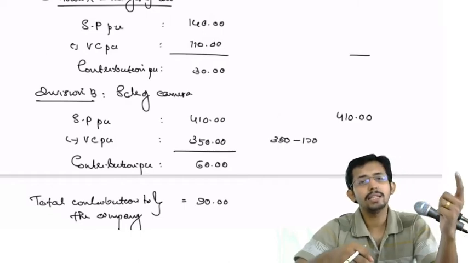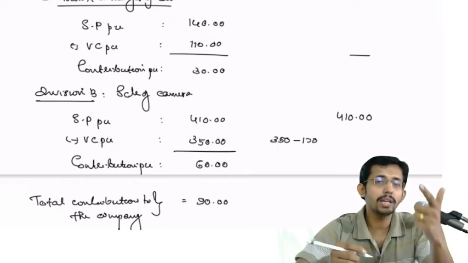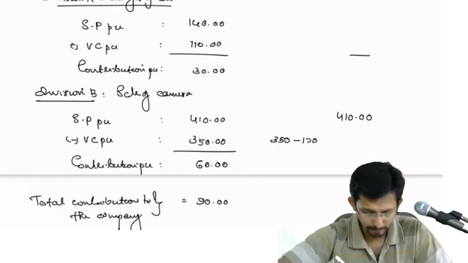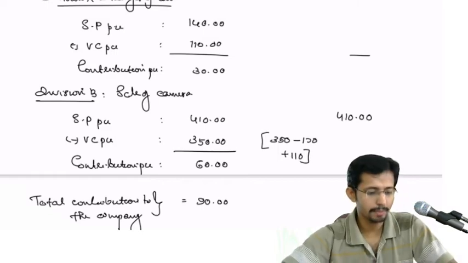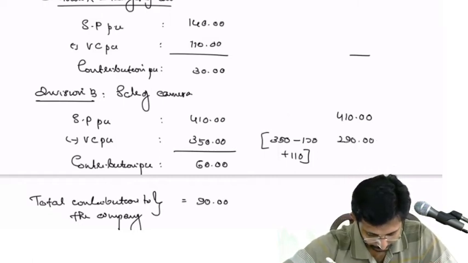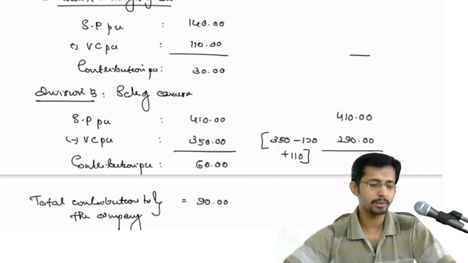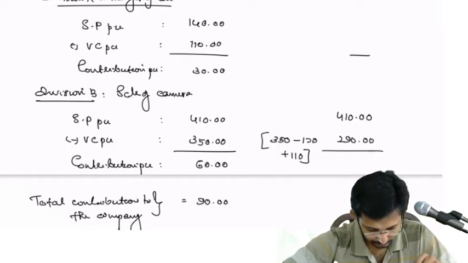Now when the lens is manufactured internally by division A, there is a variable cost of rupees 110, which should be added back to the variable cost. So 350 minus 170 plus 110 will be 290. And contribution per unit will be 410 minus 290, that will come to 120.